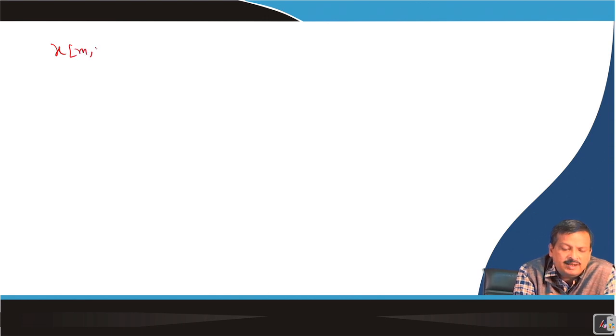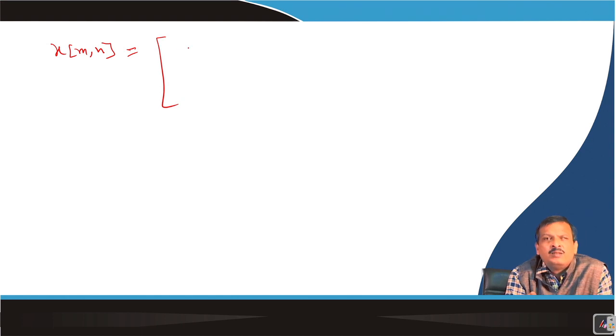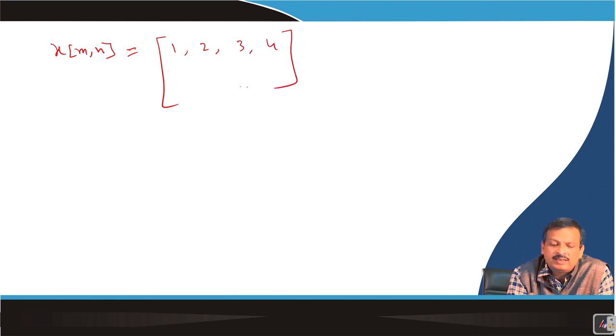So, let us say I have a signal x of m n, let us say I have an image whose pixels are a 4 by 4 matrix. So, let us say 1, 2, 3, 4 on this axis, and this axis also 1, 2, 3, 4.